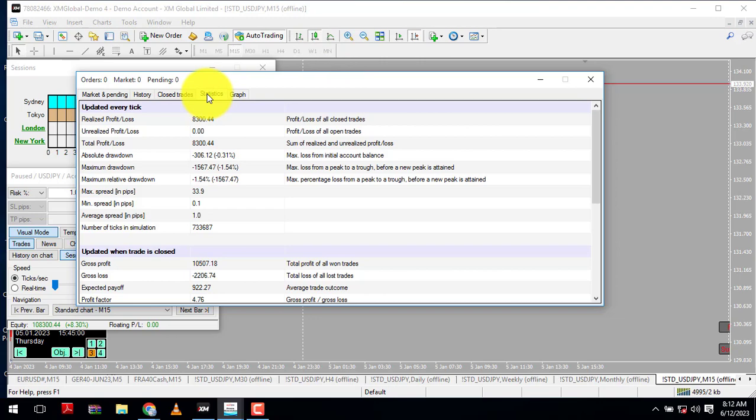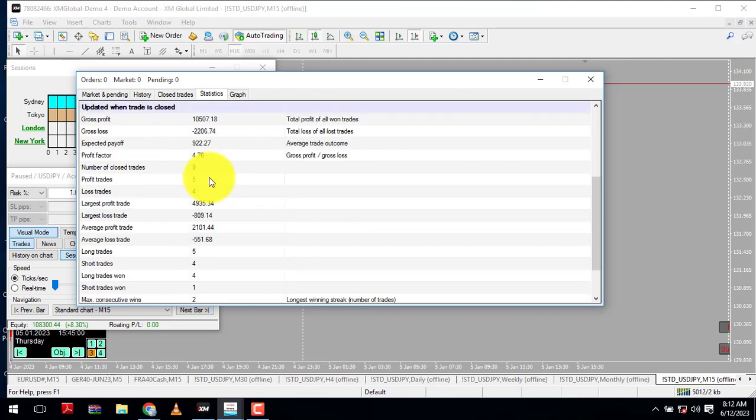And if you look at the stats, we did an absolute drawdown of 0.3% only. And you remember, if you are trading a prop account, they give you up to 8%, and the maximum drawdown was 1.54%, and we did it. We had 9 trades, and profitable were 5.